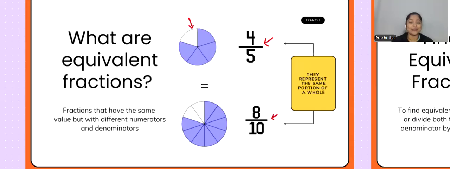What if I tell you that they are representing the same fraction? Yes, they do represent the same fraction, the same portion of a whole. Let's see how this works.